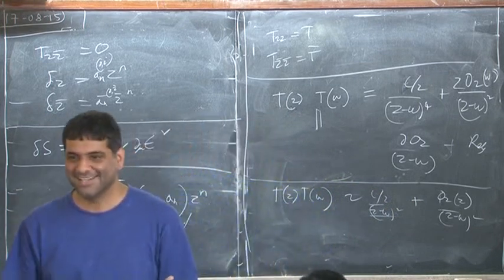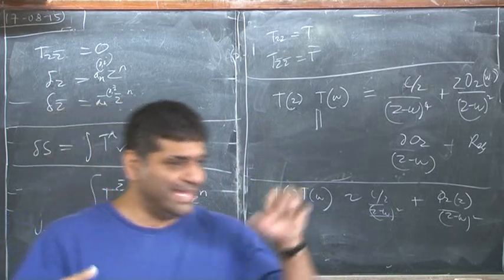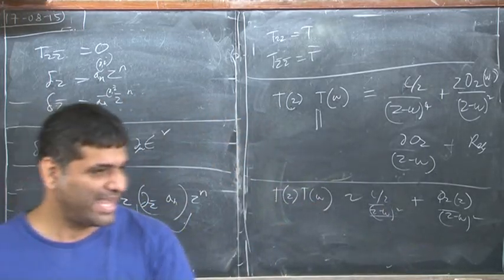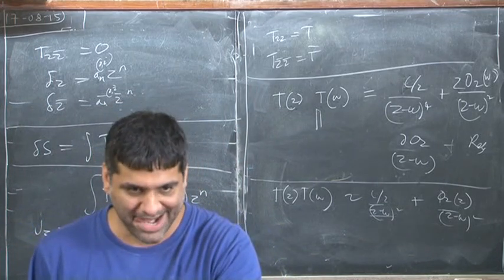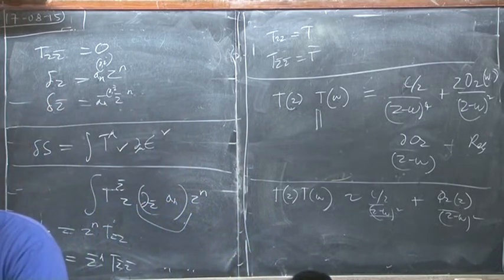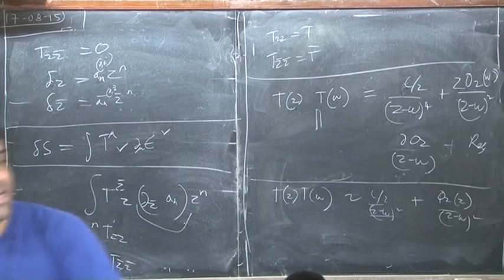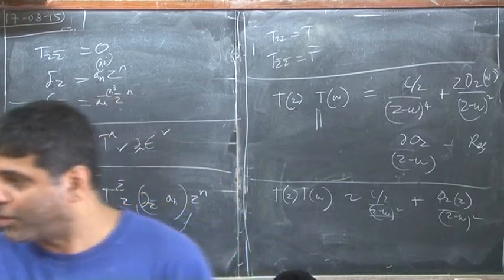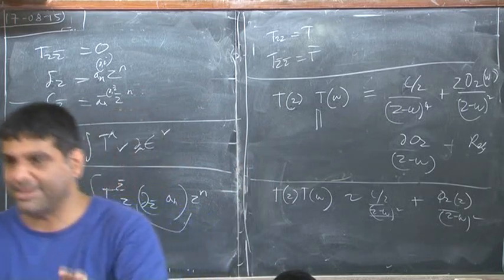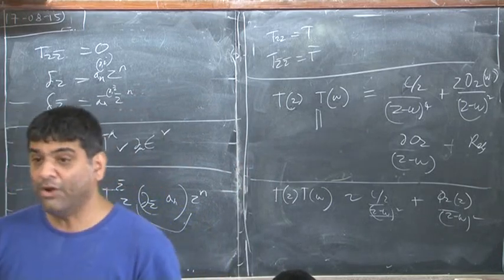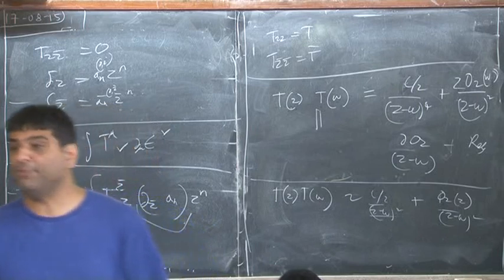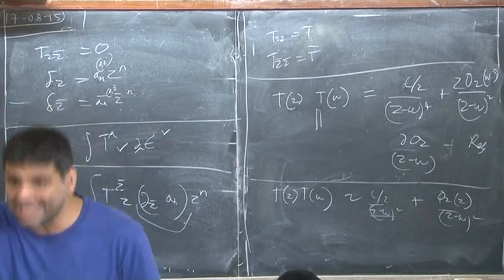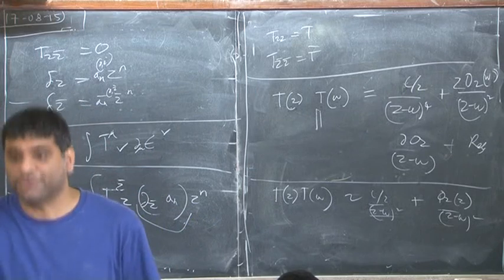Do you see? What was the general rule? How any operator transforms under a symmetry transformation is determined by the operator product expansion between the generator of that symmetry and that operator. So now let us use T in both places. Let's see how T transforms under the symmetry generated by translations. What was the current for translations?